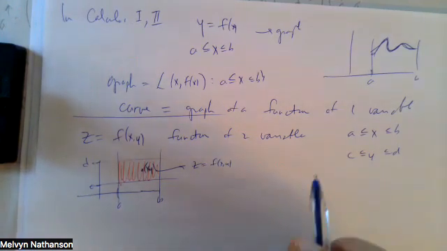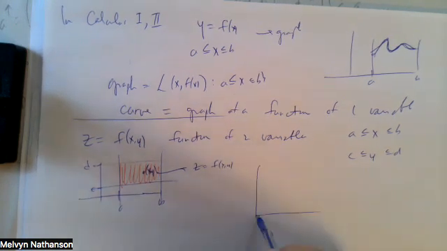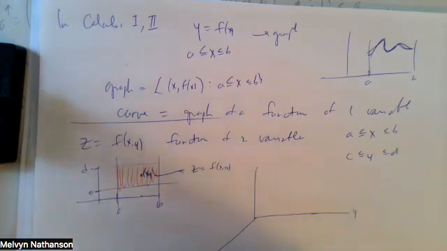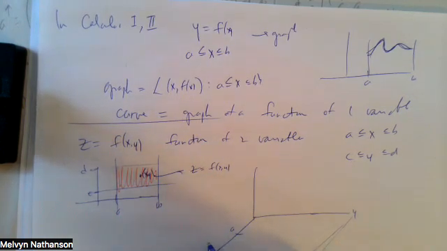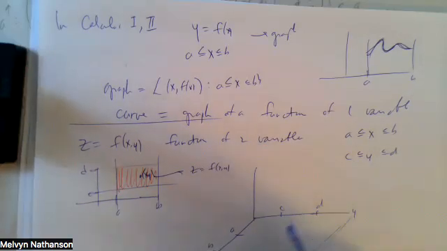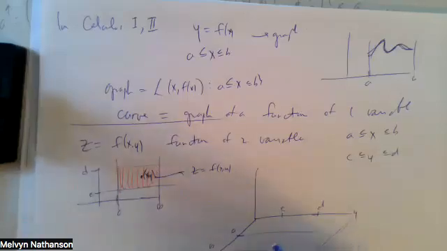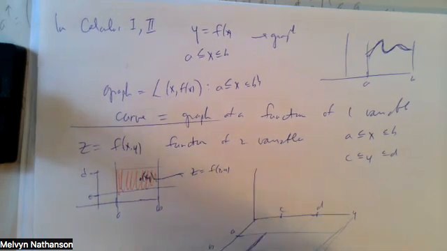And one way to think of the graph of a function of two variables is the following. Suppose we have three-dimensional space. Here's the xy plane. So if this is, say, a and b on the x-axis and c and d on the y-axis, the points with x between a and b are in this strip. The points where y is between c and d are in this strip.